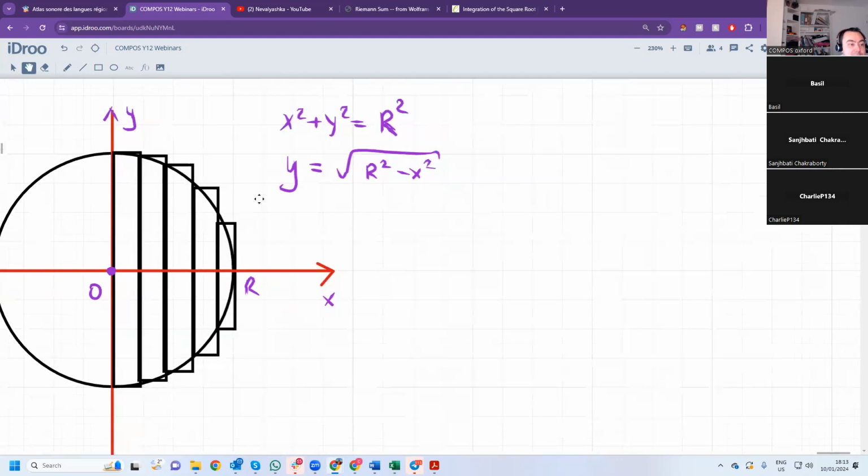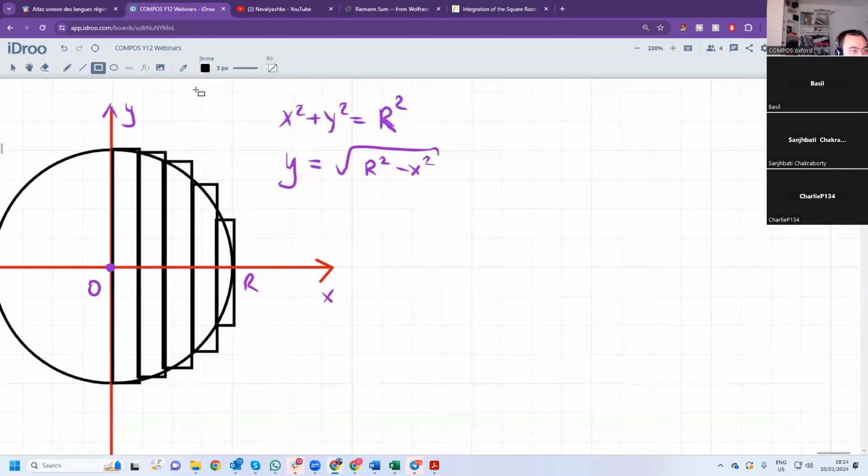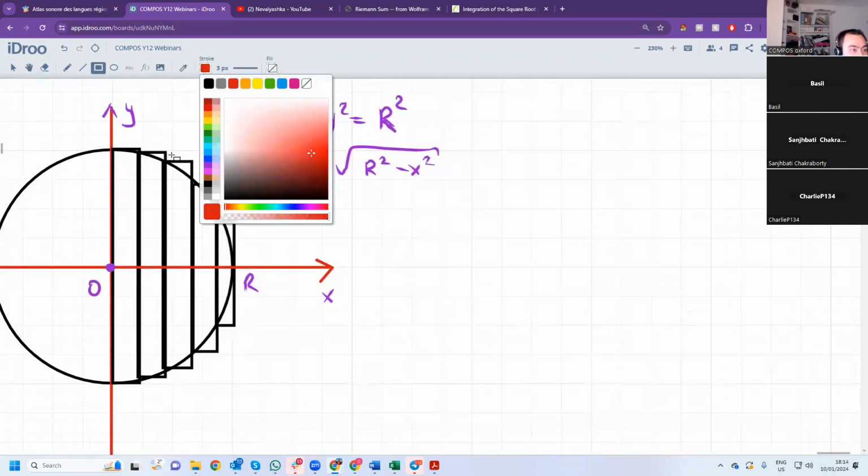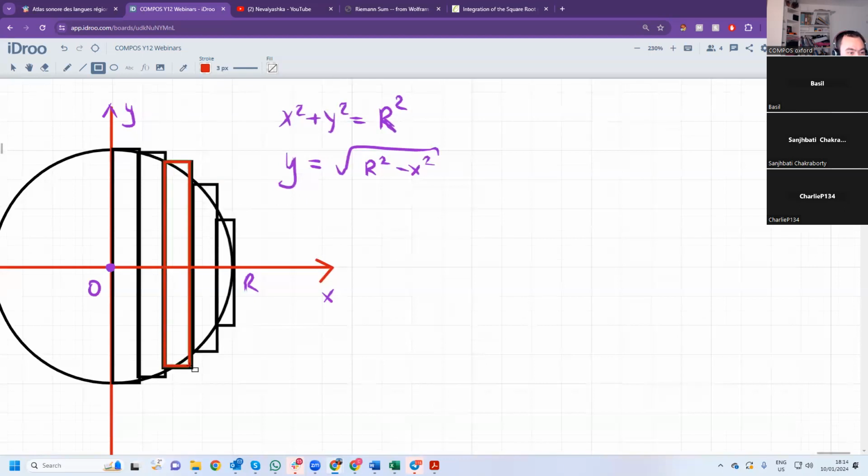We need the rectangle. So let's take this rectangle, just one from the middle, and look at it closely. Take a single rectangle. The width of this rectangle is delta x, and the height is 2y.